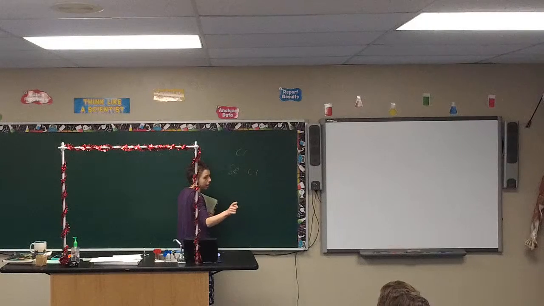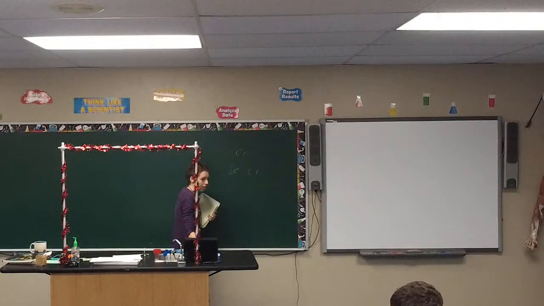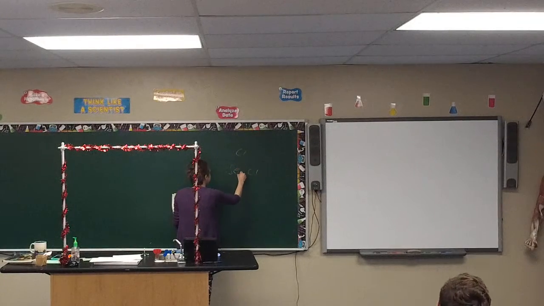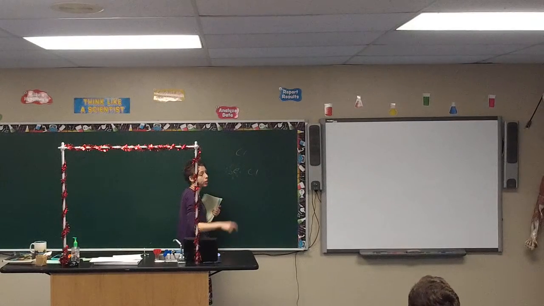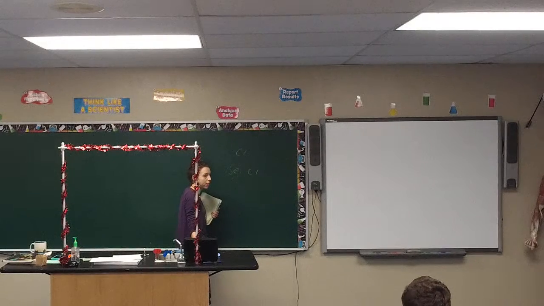So how many does selenium start off with? Is it 6? It's 6. So 1, 2, 3, 4, 5, 6. So how much will each chlorine share with it? Even though chlorine starts off with 7, how many will it share with it?